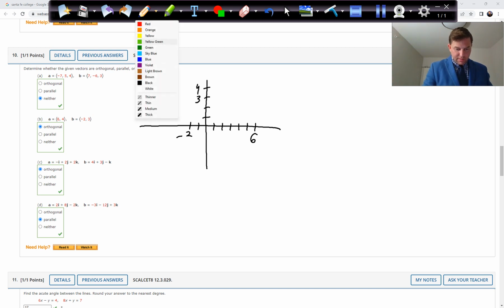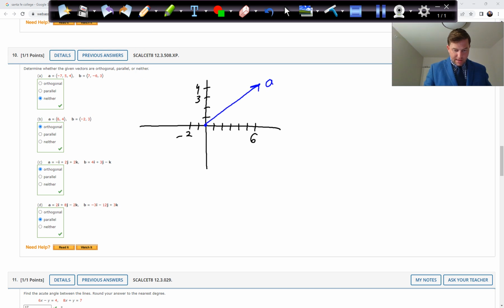So A is going to go from 0, 0 to 6, 4, to scale. That is vector A. B is going to go from 0, 0 to negative 2, 3, so right there.